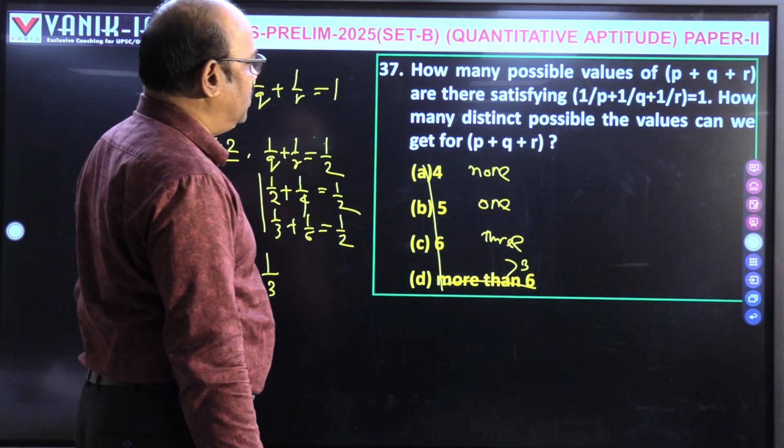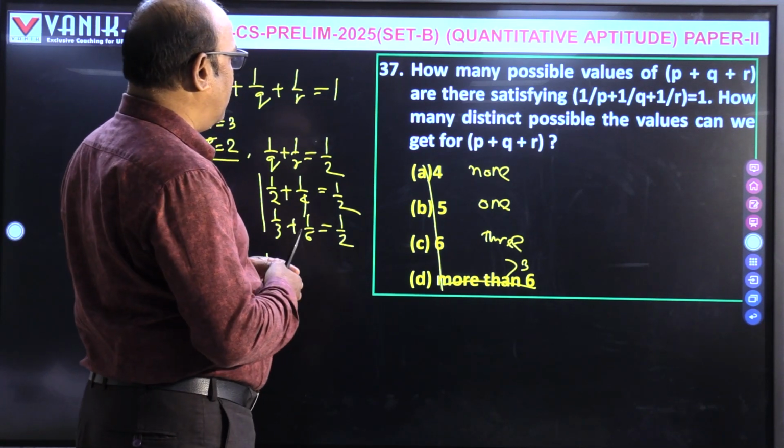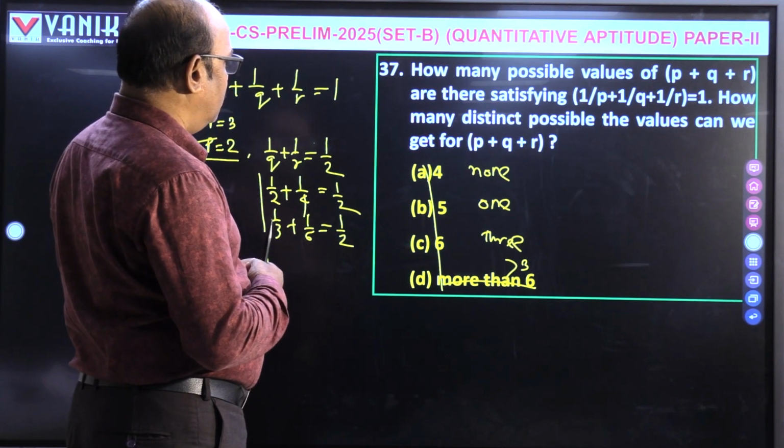So how many distinct possible values of P plus Q plus R satisfy this?